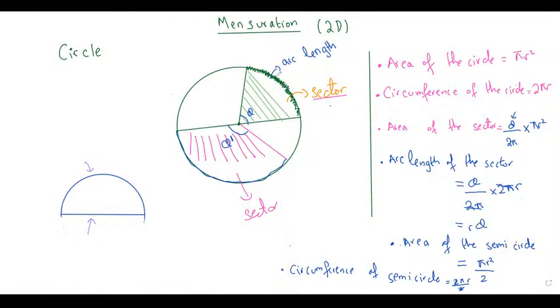Let's talk about some examples now. Question number 6, example number 1. They want you to find the perimeter and area of the following.